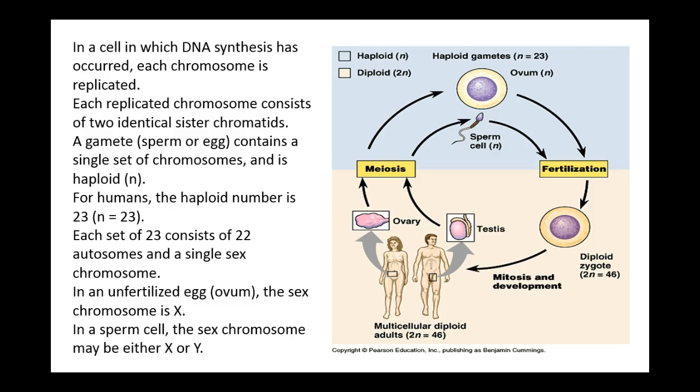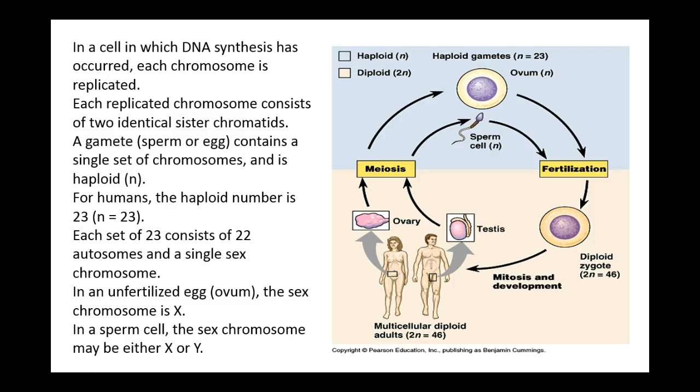In a gamete, a sperm or an egg, there's a single set of chromosomes, and that's what makes it haploid. For humans, the haploid number is 23. Each set of 23 chromosomes has 22 autosomal and 1 sex chromosome. Kind of simple, but it's important to keep it straight as you move forward.